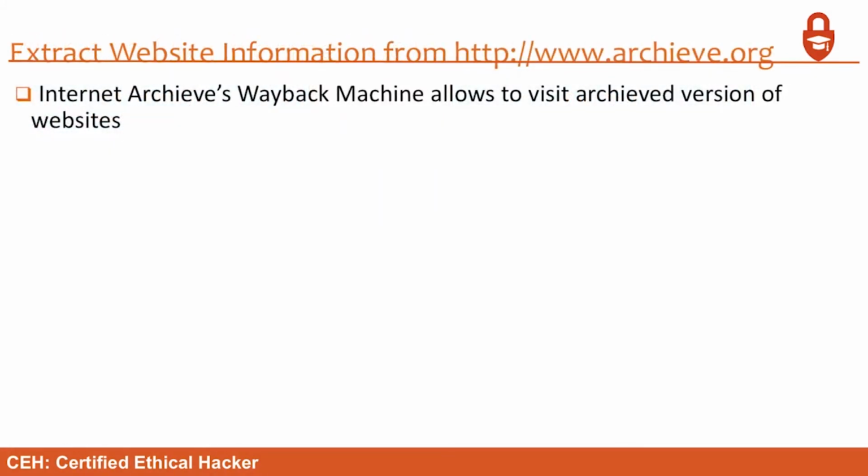Website information: extract website information from archive.org. We talked about archive.org. The Internet Archive's Wayback Machine allows you to visit archived versions of websites. They kind of troll the internet and log everything they find for the top, I don't know, 10 million sites. A lot of times if you have a smaller company, they won't be listed, and if they're not listed, don't get them listed.